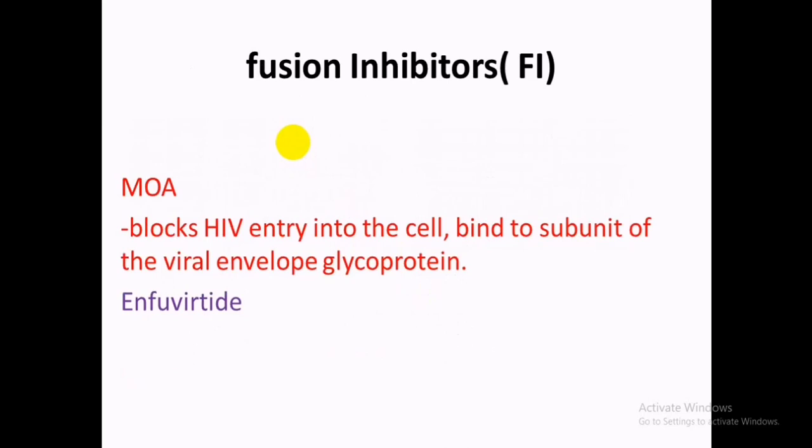Fusion inhibitors, such as enfuvirtide. This is a drug for HIV infection, and it is also a synthetic peptide containing 36 linear amino acids, similar to HIV proteins.